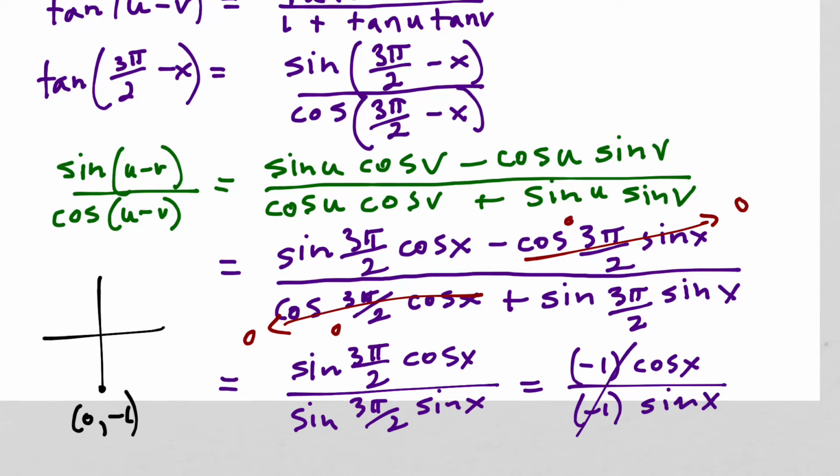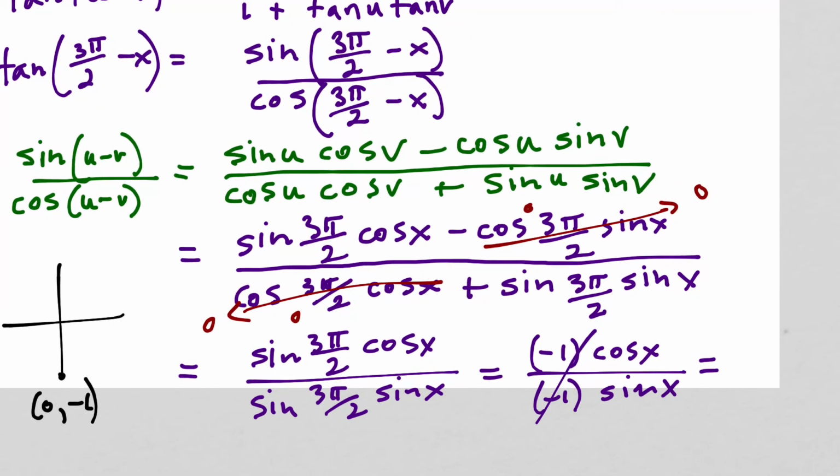Those are going to cancel out. So we're just left with cosine of x over sine of x, and we know that is the cotangent of x. So that all simplifies to the cotangent of x. And we were able to figure that out by using this setup right here in green.